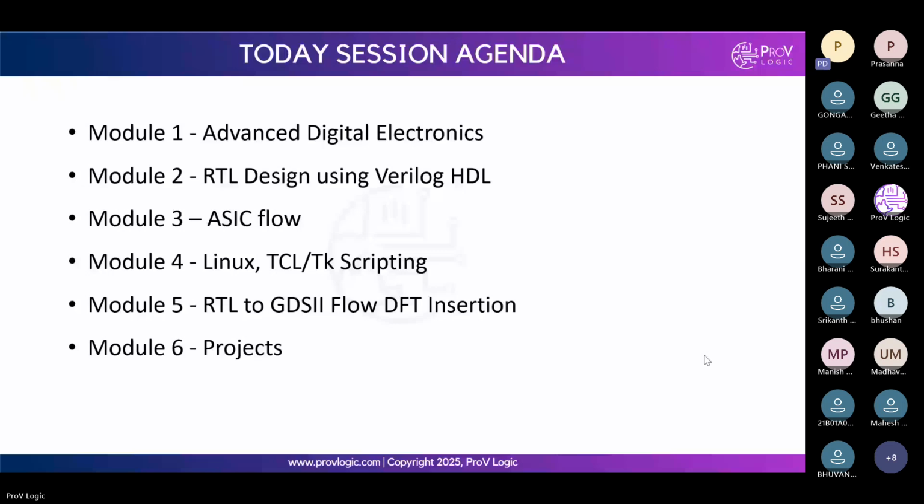The start point of an IC comes from the client specification, as I was talking about earlier. If a client needs an IC, they will approach the VLSI industry and submit their specifications like the frequency, signal to noise ratio, what kind of Wi-Fi security they want, how many memory cores they require, what must be the bearable power, and what must be the size of the IC.